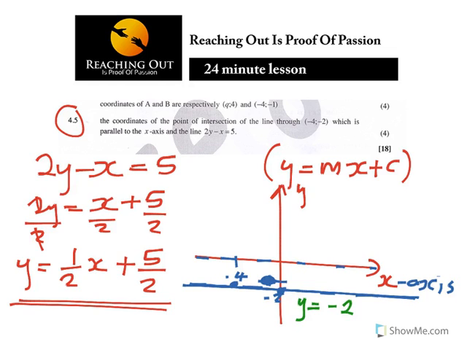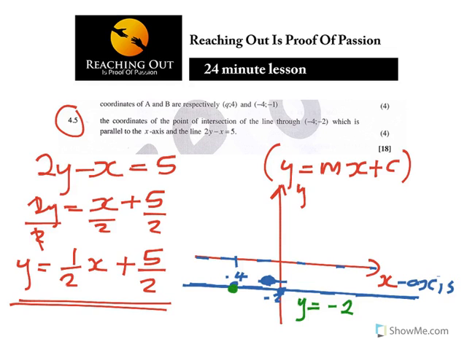So they are saying the coordinates of the point of intersection of the line through this line will pass through -4, -2, which is parallel to the x-axis, and the line. So this particular line, y minus x plus 5, if I am to sketch this, y is equal to half x plus 5/2.